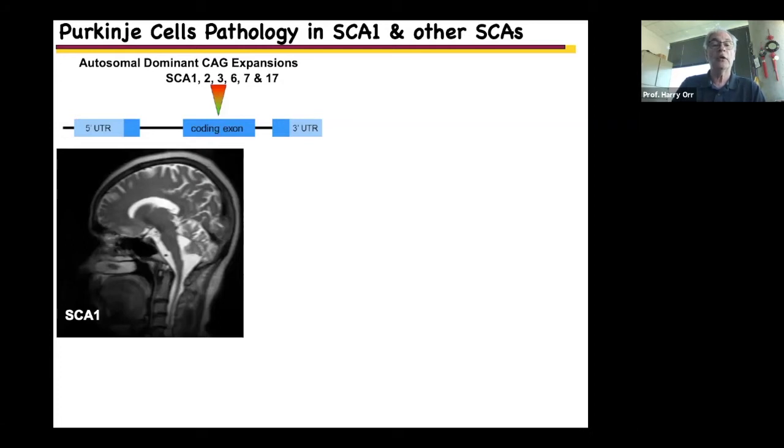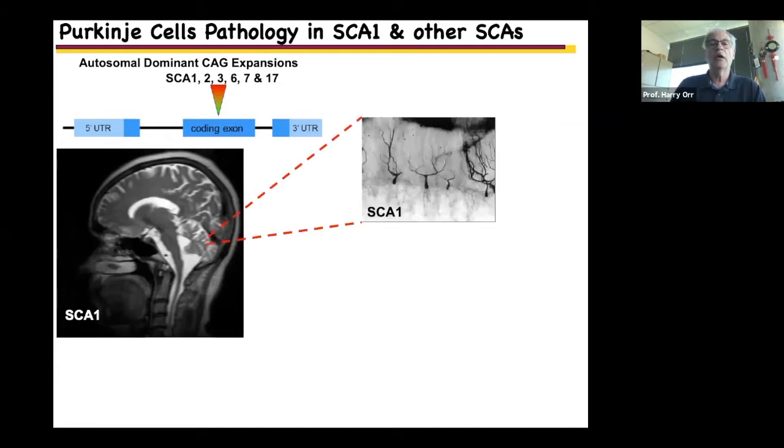What I'm showing here is an MRI of an individual affected with SCA1, and you can see the atrophy in this individual's cerebellum. Upon death and subsequent autopsy, you can note the loss of Purkinje cells from the cerebellar cortex, as well as the atrophy of the dendritic tree of the few Purkinje cells remaining.